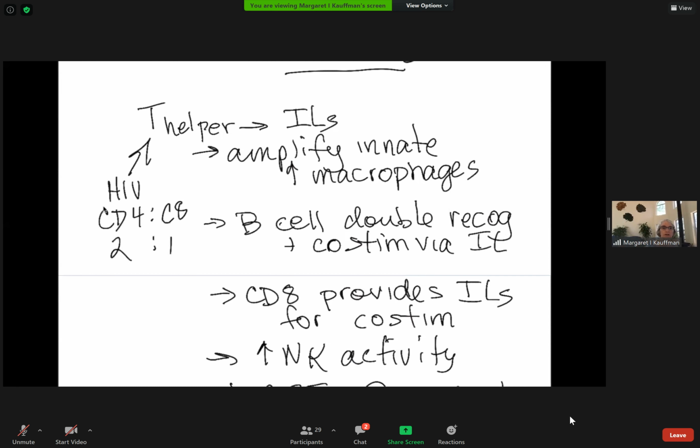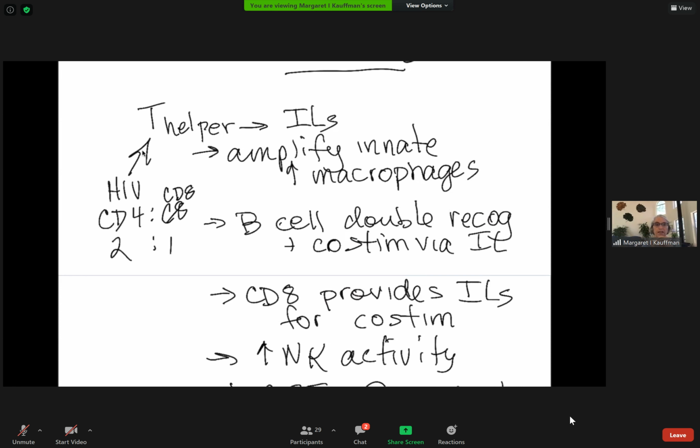So that's another reason to know these terms, CD8 and CD4, because hopefully you won't run into too many people with AIDS anymore. But if you do, then you'll understand the data that they're collecting from these people.